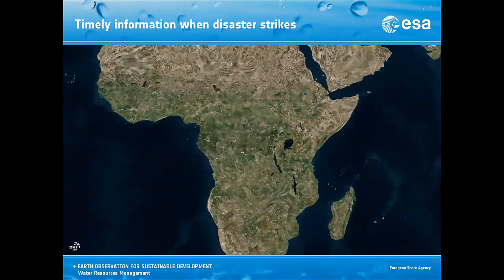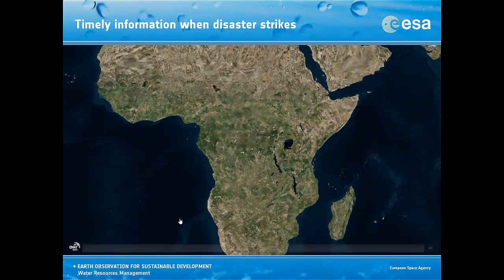Satellite data can also be used to map and monitor floods. During the early months of 2019, we were looking at the flooding situation occurring in Mozambique and Malawi.